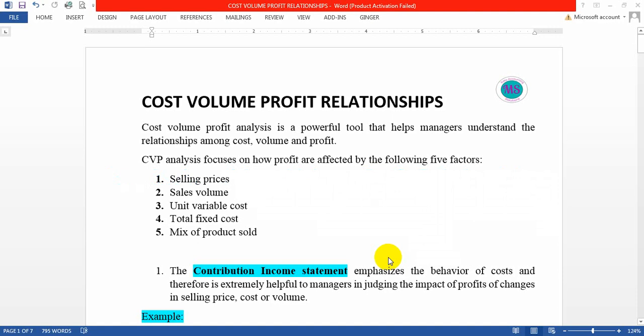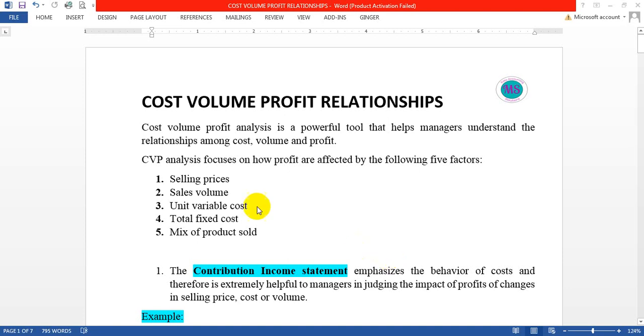Cost volume profit relationship. CVP, or cost volume profit analysis, is a powerful tool that helps managers understand the relationship among cost, volume and profit. Why does it help managers?